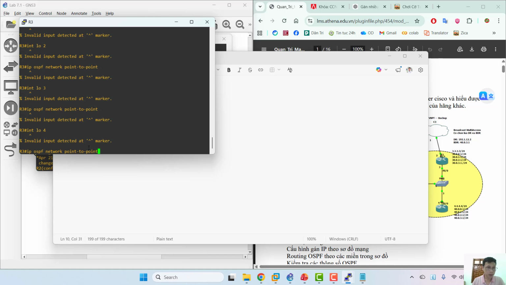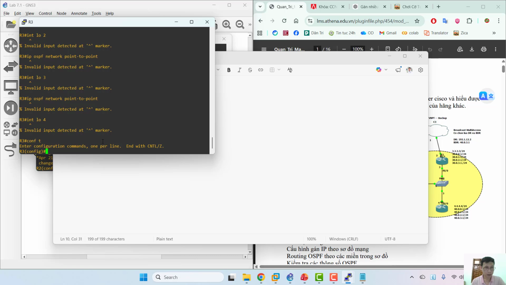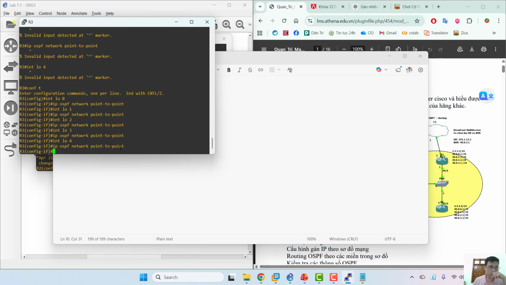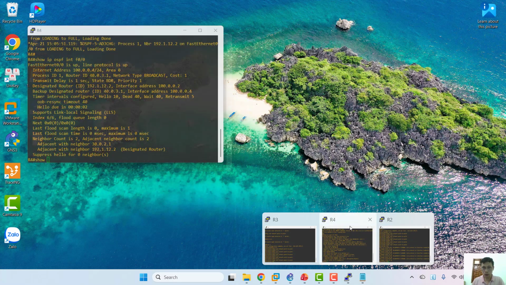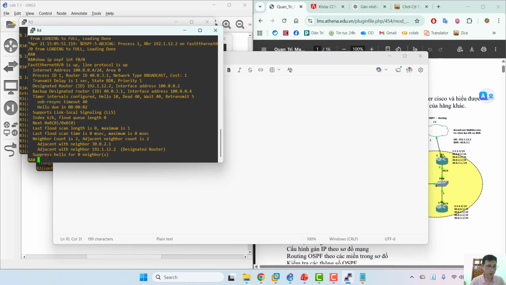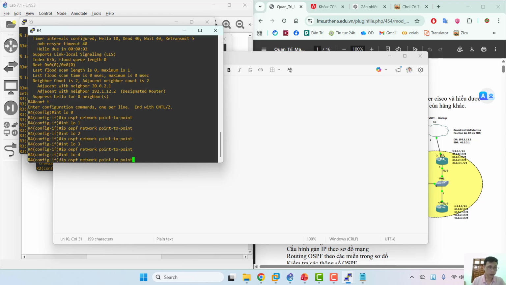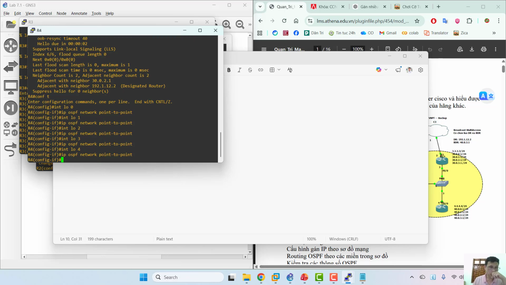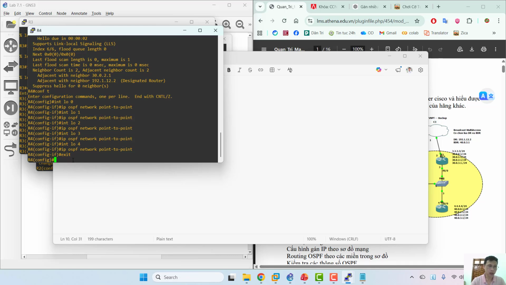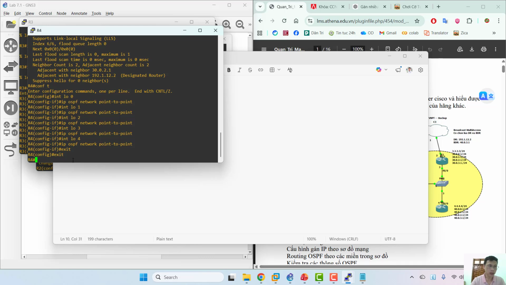Enter. And we enter router number four. Okay, after we enter the lines, we exit, and we exit again, and we check again.